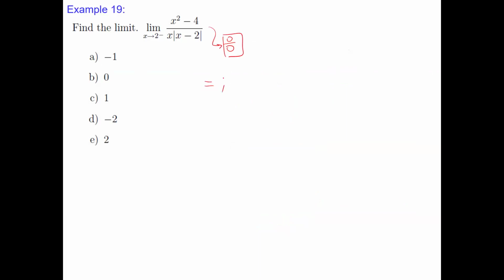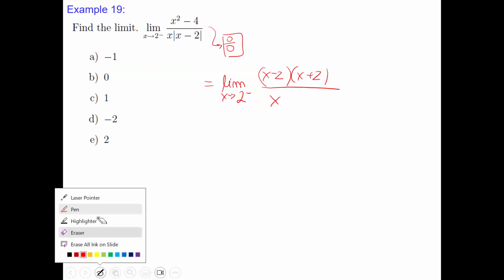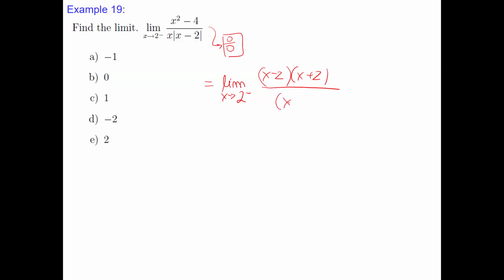Okay, so now what will we do? We have to find a common factor. The quadratic expression x squared minus 4, we can factor this way. We all know this. And then we have, let me switch because I need the place for the negative just in case, (x minus 2) times x.